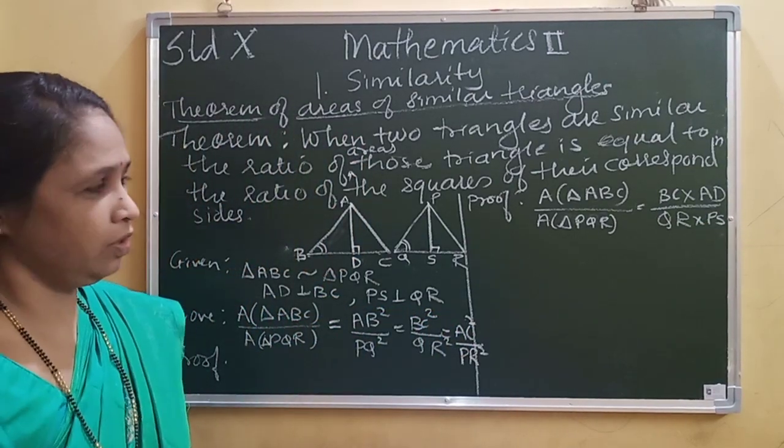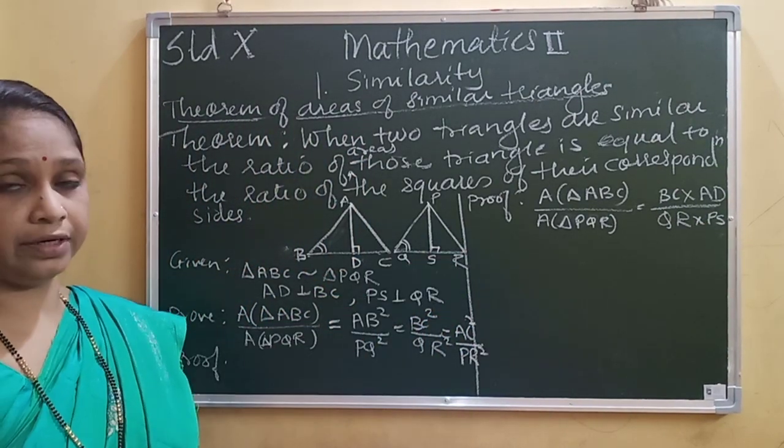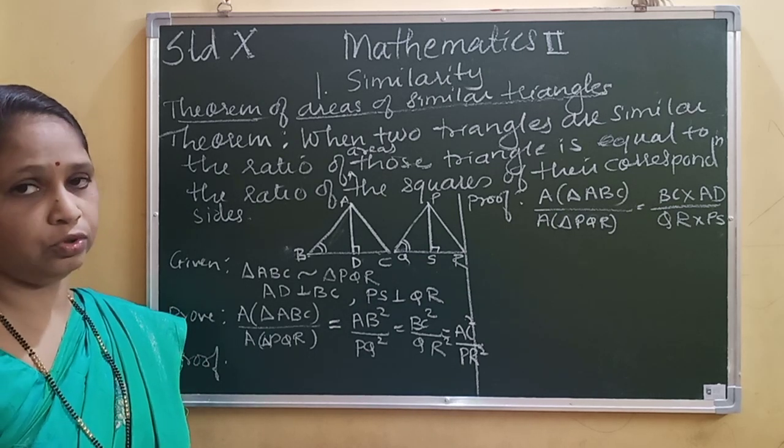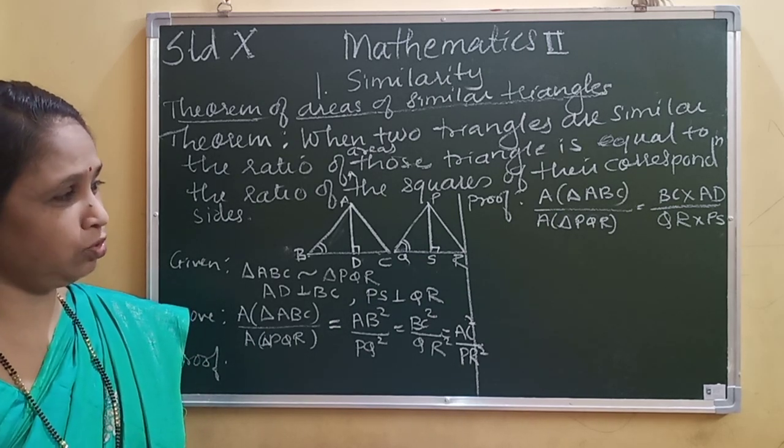This is the ratio of the areas of two triangles, which is base into height upon base into height.